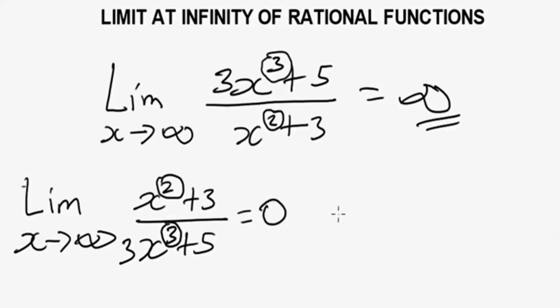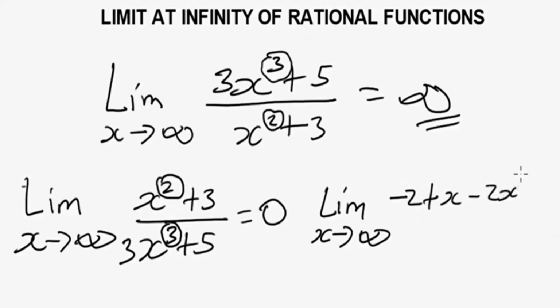And lastly, let's look at the last principle, where we are given a limit as x tends to infinity of a question of this form: minus 2 plus x minus 2x squared all over 3x squared plus 2x plus 5.